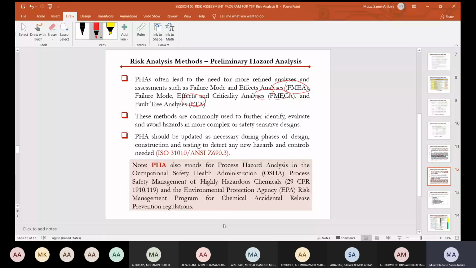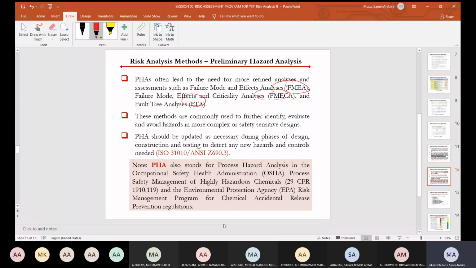You have to keep investigating and keep updating new information, to detect any new hazards and controls needed.